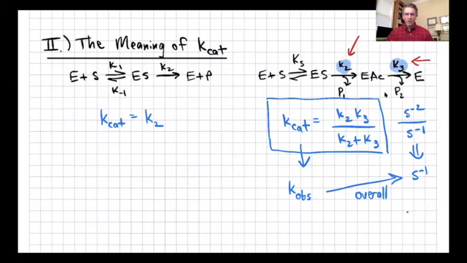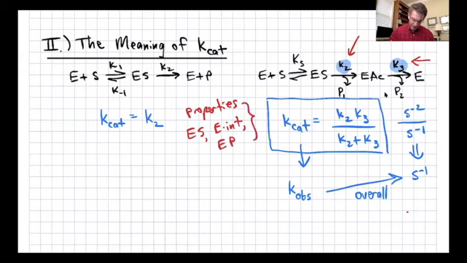Okay. So another general statement about kcat is it's a function of all the properties of the enzyme substrate complex, any enzyme intermediate states that exist, and enzyme product. kcat is determined by all the features of those intermediate states as they progress down the forward reaction pathway.